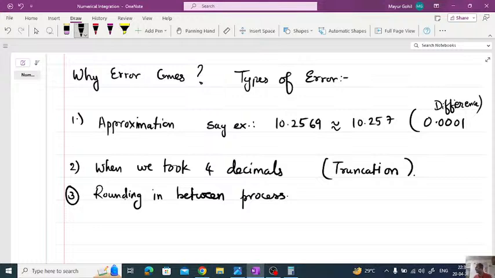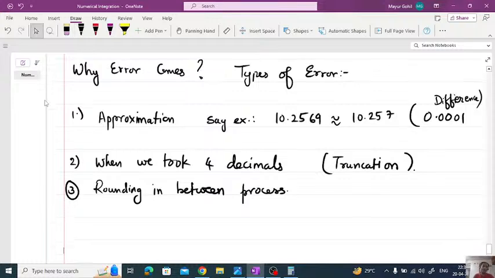These are due to approximation, truncation, rounding and all that. These are out of the syllabus, so we are not going to discuss them in too much detail. These are related to computer things, but it is very important.